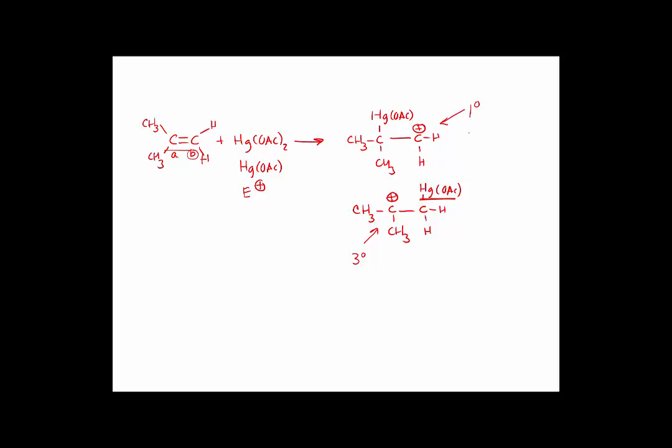It doesn't add to the most stable carbocation. It adds to the carbon with the most hydrogens. Is it because it's the electrophile? Yes. So I'm treating the Hg plus OAc as if it was an electrophile. So I'm actually treating it as if it was an H plus in this case.